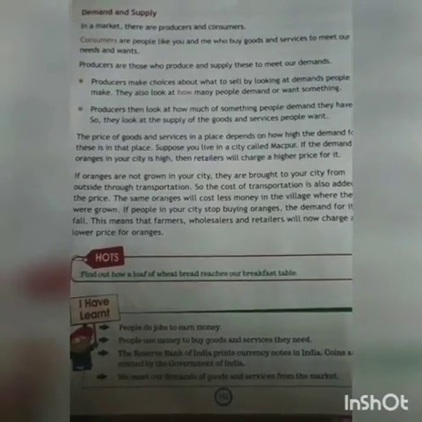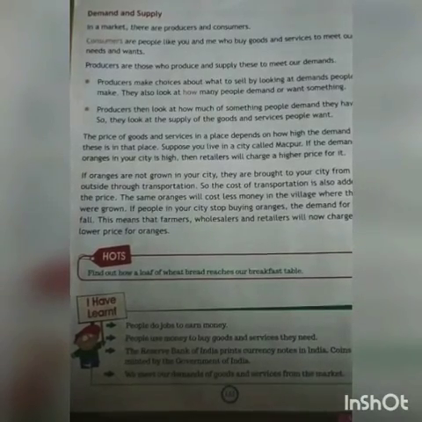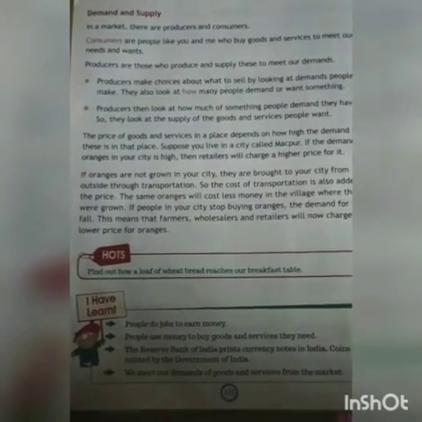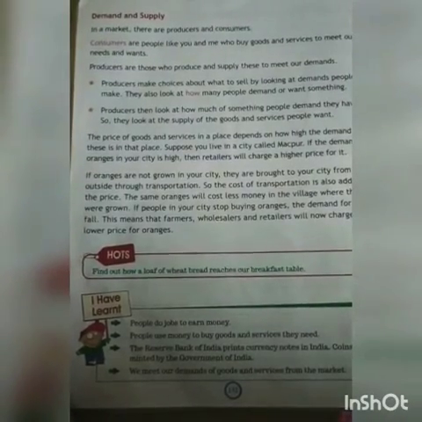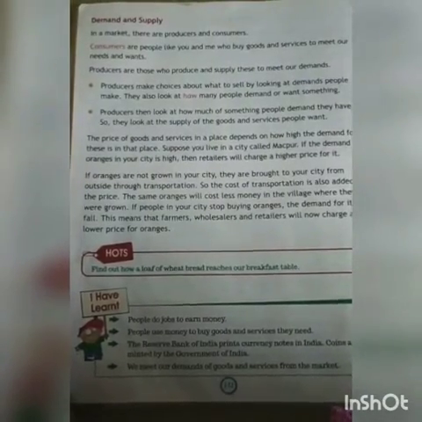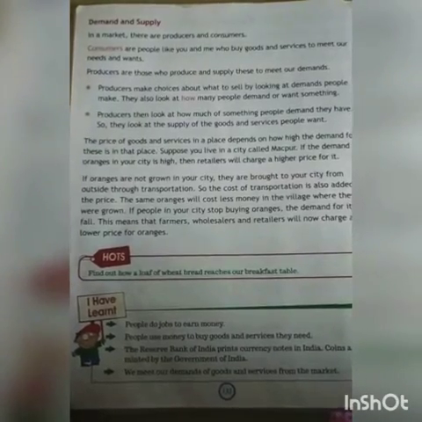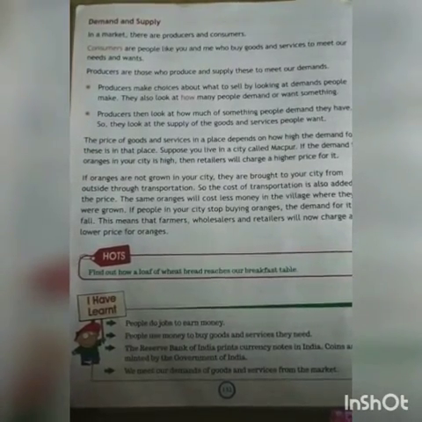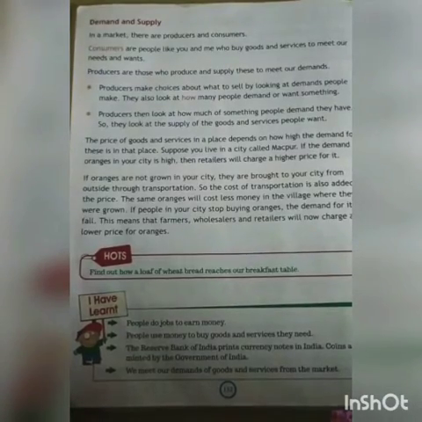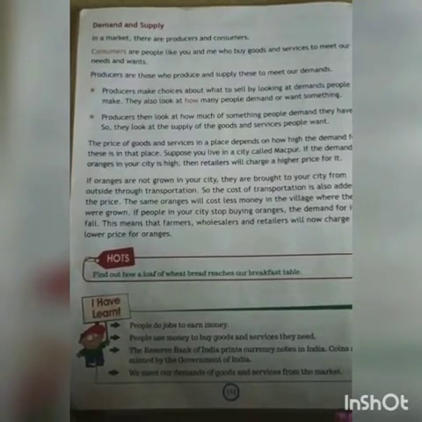Okay, so next comes the prices of goods. The price of goods and services in a place depends on how high the demand is for them in that place. Here is an example. The price of a particular product varies according to the place or region where we live.